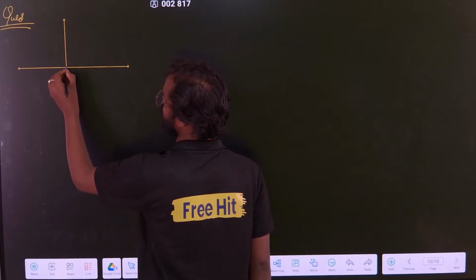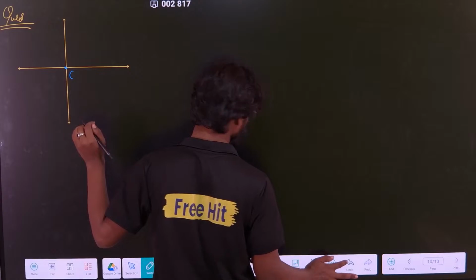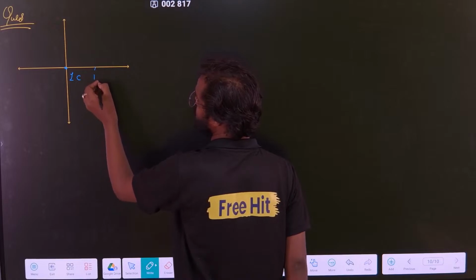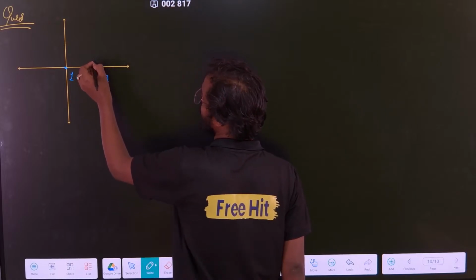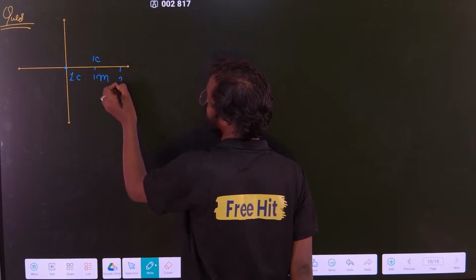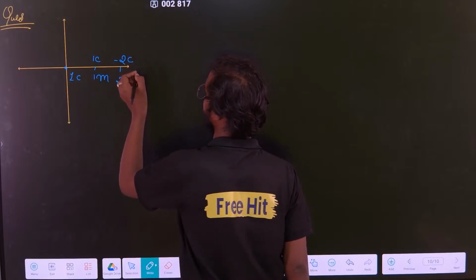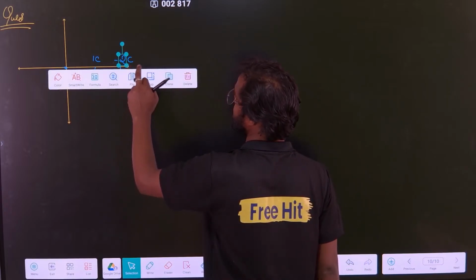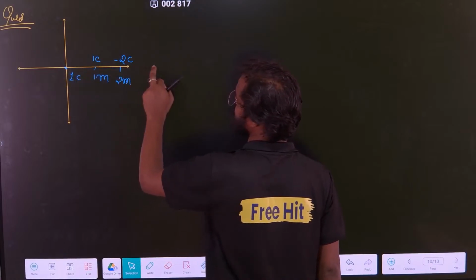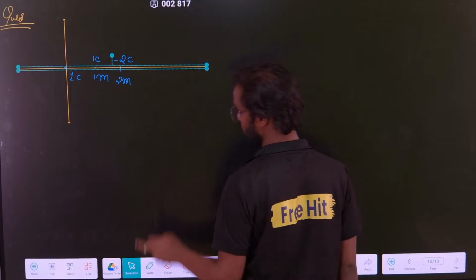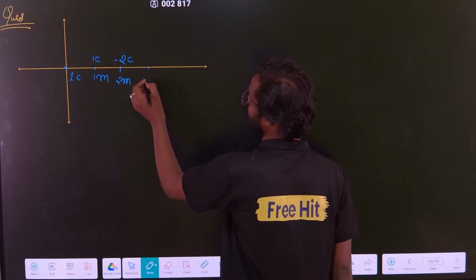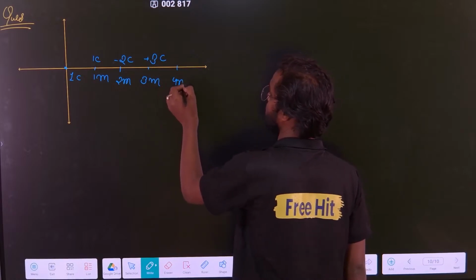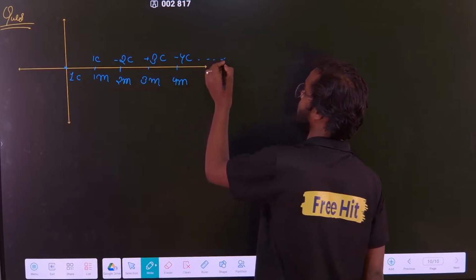Then at 1 meter we have 1 Coulomb charge, at 2 meters we have minus 2 Coulomb charge, at 3 meters we have plus 3 Coulomb, at 4 meters minus 4 Coulomb, and so on to infinity.